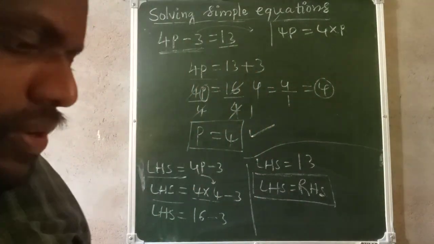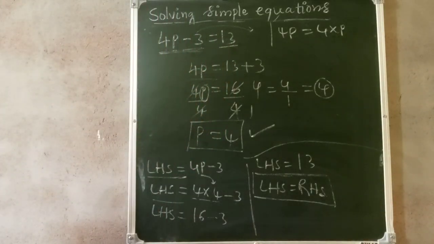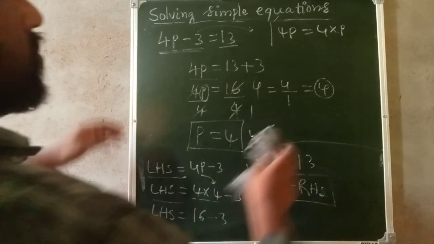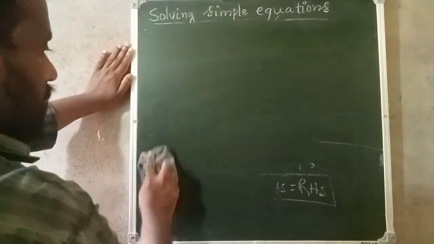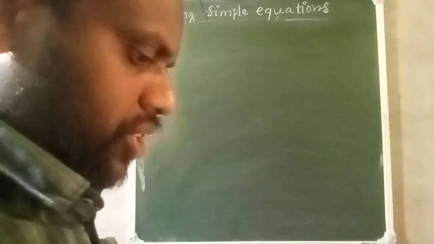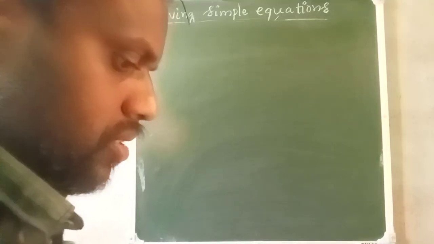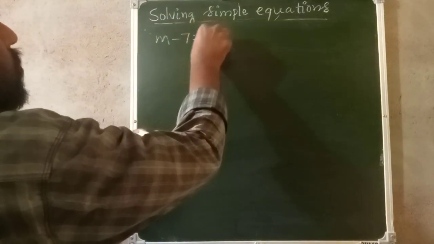So next I will take another example. Another simple equation I will take, that is m minus 7 is equal to 3.